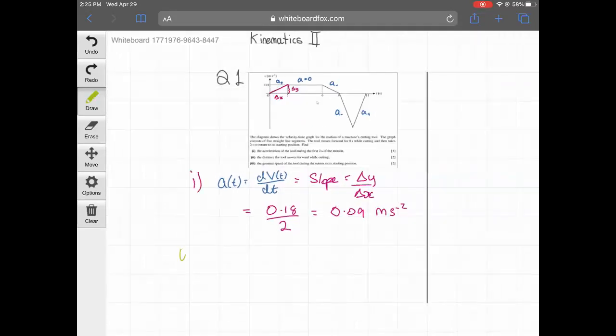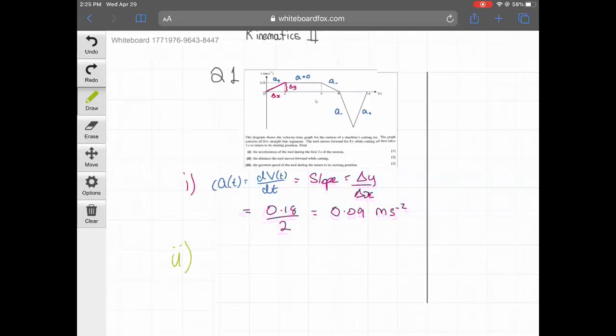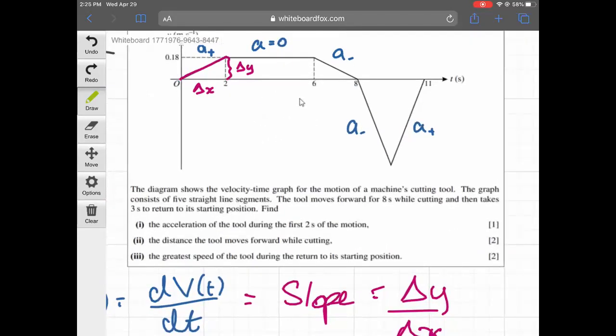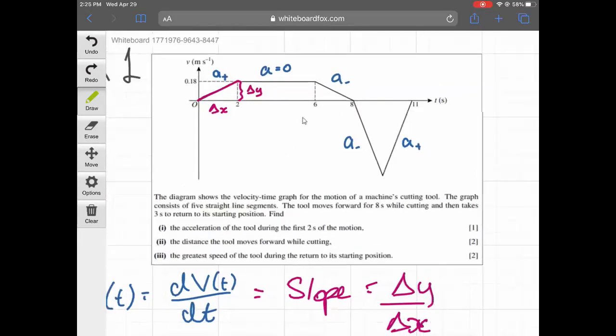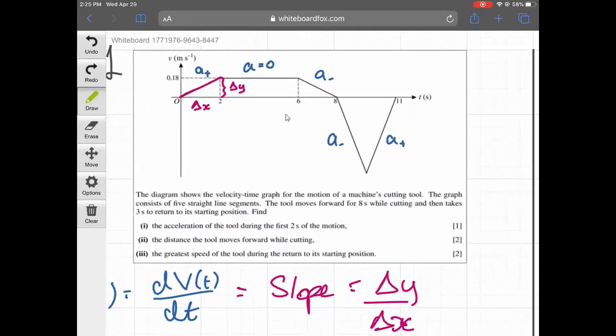Let's go to part 2. Part 2: find the distance the tool moves forwards while cutting. So we need to think, which part of the graph is the tool moving forwards? Well, if my velocity is positive, you could imagine if this was describing a car driving, then if the velocity is positive, you're moving forwards. If the velocity is negative, you're moving backwards.